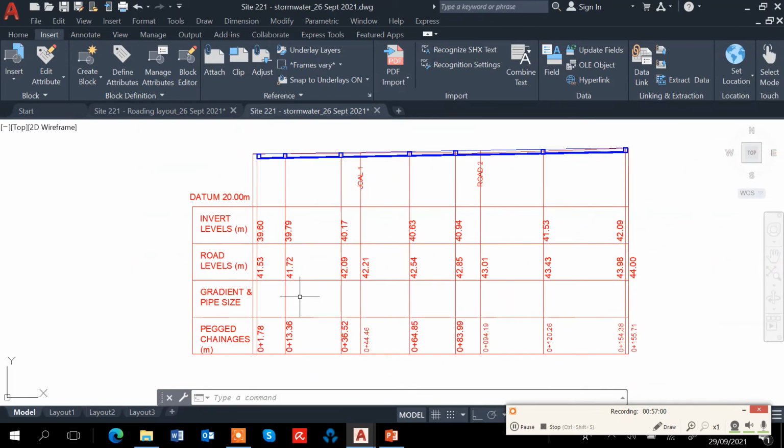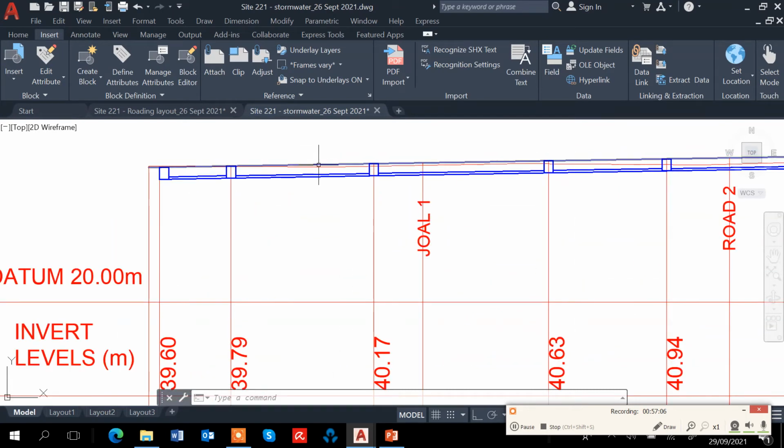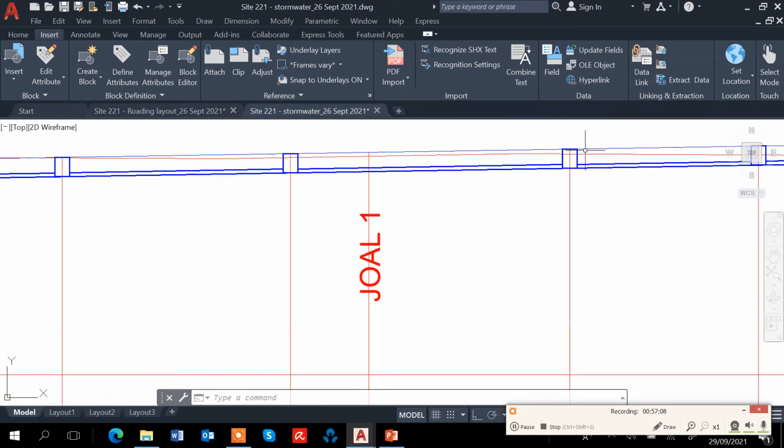And then the road level. So the road level is this line. I don't need the existing ground level because usually the trench for the stormwater pipes is only dug when we have the platform already, when we have done the work.